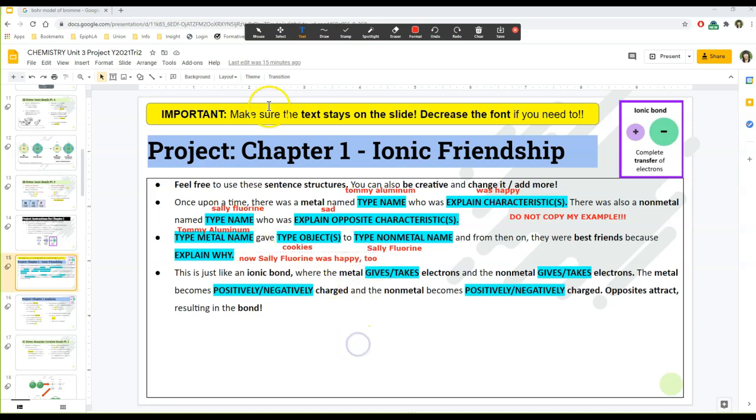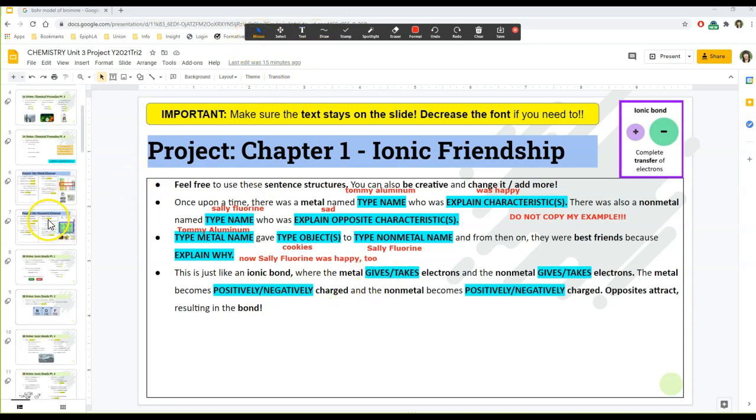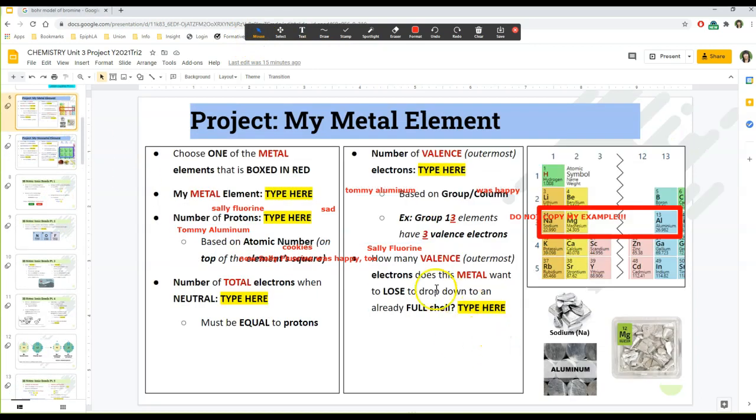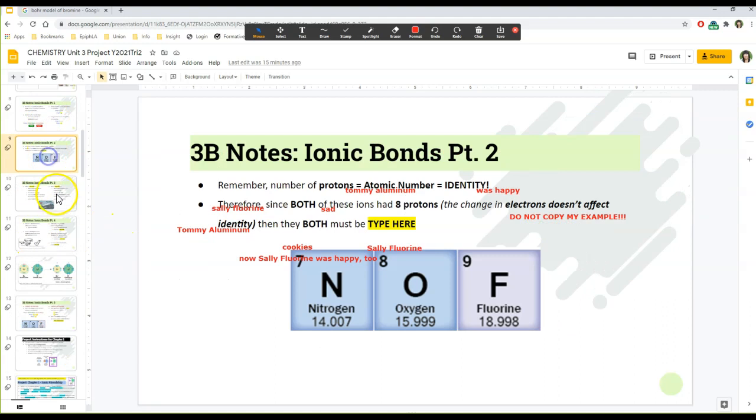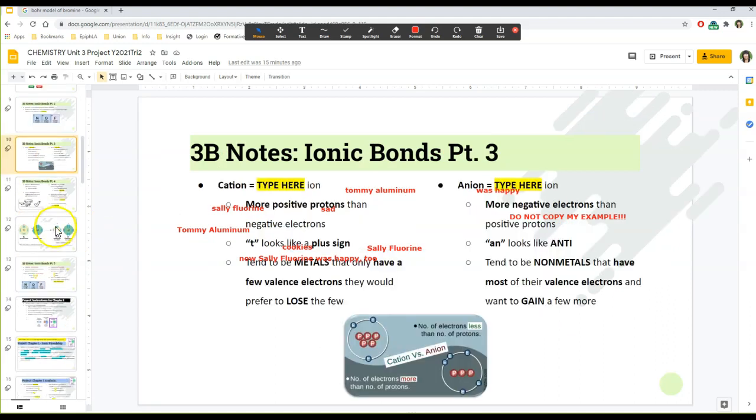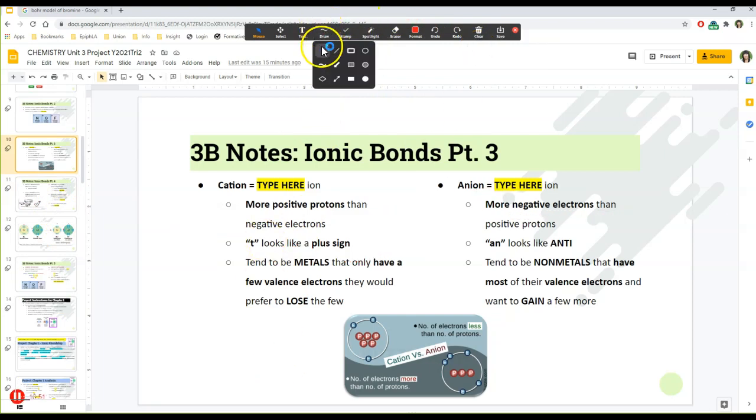Simple reasoning, right? Then you explain this is just like an ionic bond where metals, again, taking a look back over here, we should know that metals only have a few electrons. And so metals actually do want to give away electrons. I think that's right here, okay? So let me go ahead and I'll clear this out right now. All right, so metals, again, are going to lose or give away electrons.